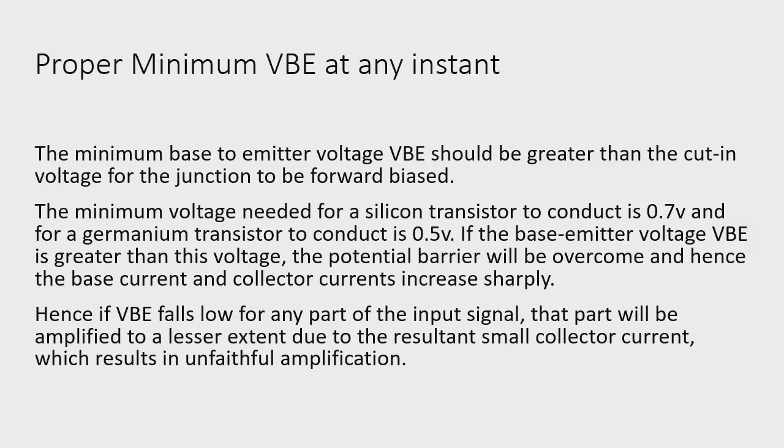If the base emitter voltage VBE is greater than this voltage, the potential barrier is overcome and hence the base current and the collector current increase sharply. Hence, if VBE falls low for any part of the input signal, that part will be amplified to a lesser extent due to the resultant small collector current, which results in unfaithful amplification.